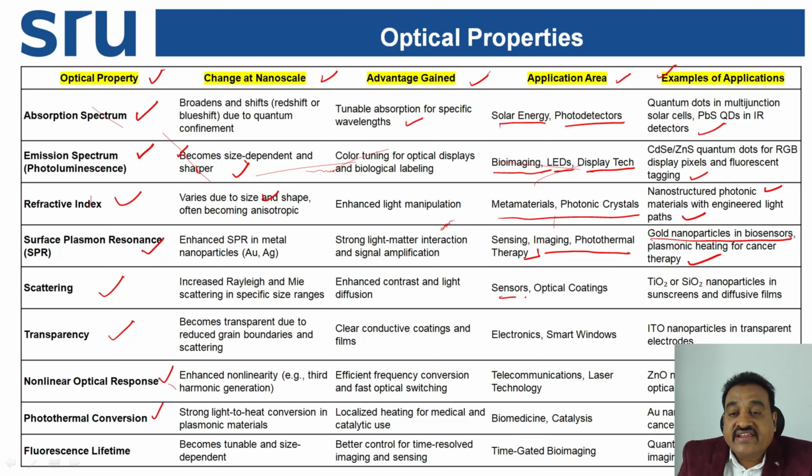These are used in sensors, optical coatings, electronic smart windows. The optical properties of nanomaterials are used in telecommunication, laser technology, biomedical catalysis, and time gated biorelated applications.